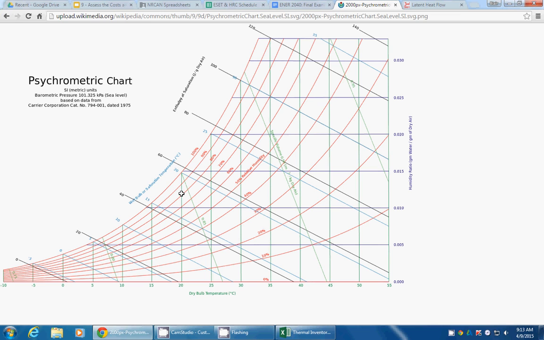So what is it at 20 and 80? So 20 degrees C. It's like 0.12 maybe? Yeah, about 0.012. Yeah. Okay.